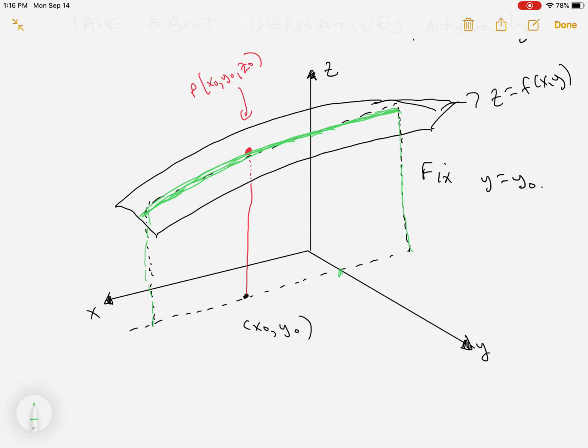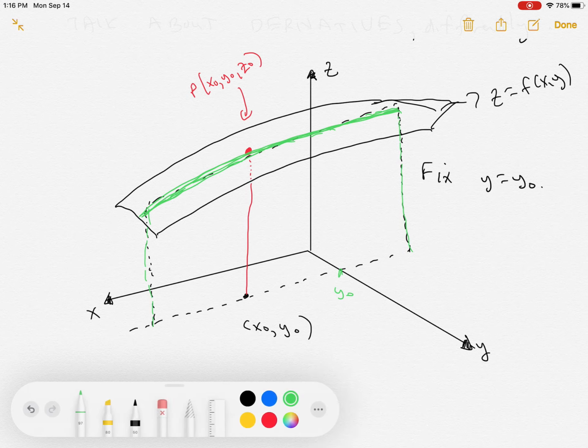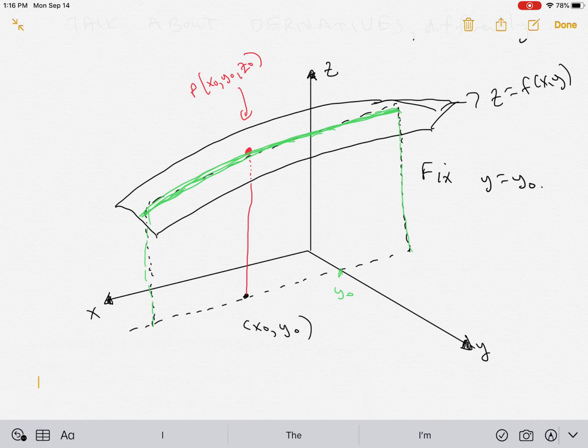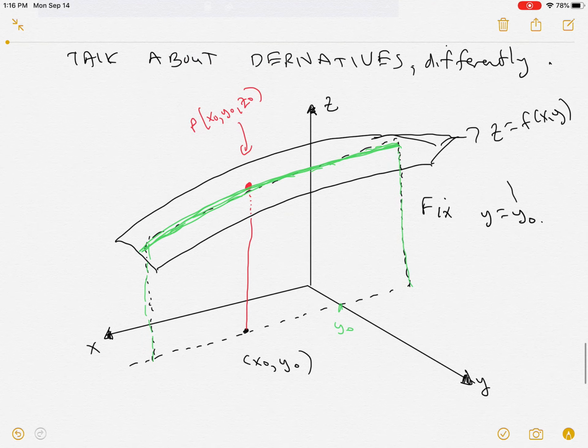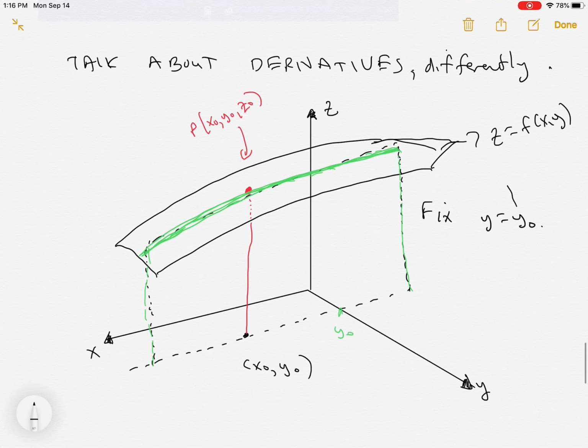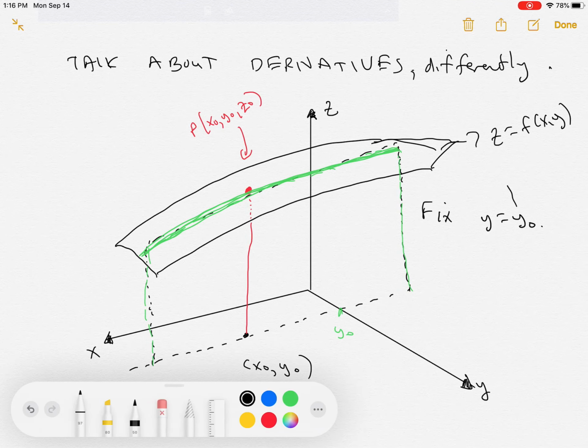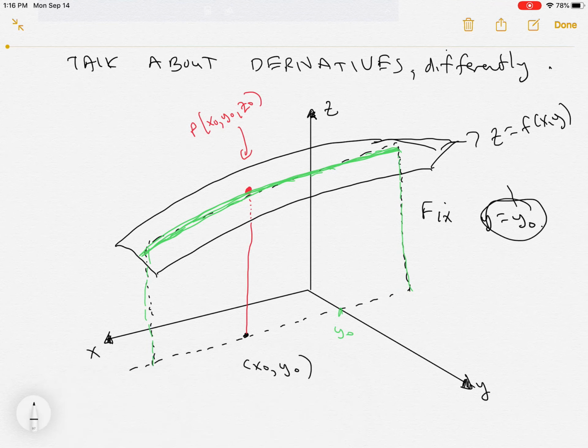And here's the point y naught. We intersect that, and then we think, all right, with this thing being fixed, now we're saying we're only looking in one direction.